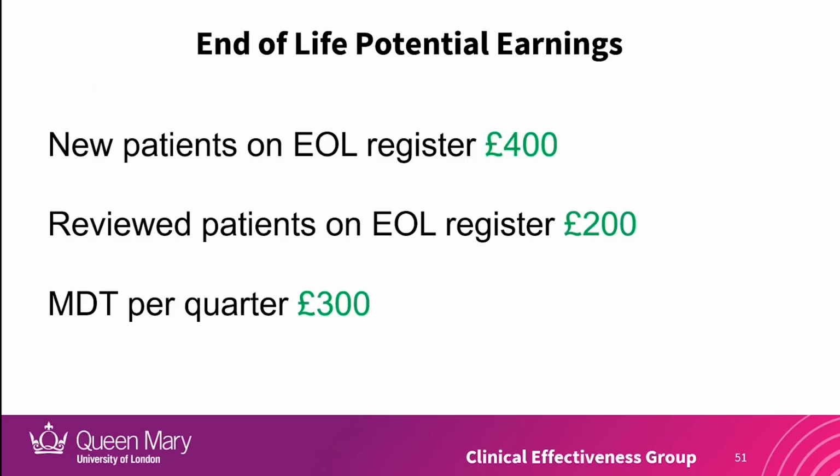So your potential earnings: for new patients on the end of life register, you can potentially earn up to £400 if you do the UCP and then complete 2 reviews throughout the year. For patients that are already on there and you're doing a review, you can earn up to £200 per patient for the year. And then, as I said, MDT meetings are £300 per quarter, but you must make sure that you record all of the information.